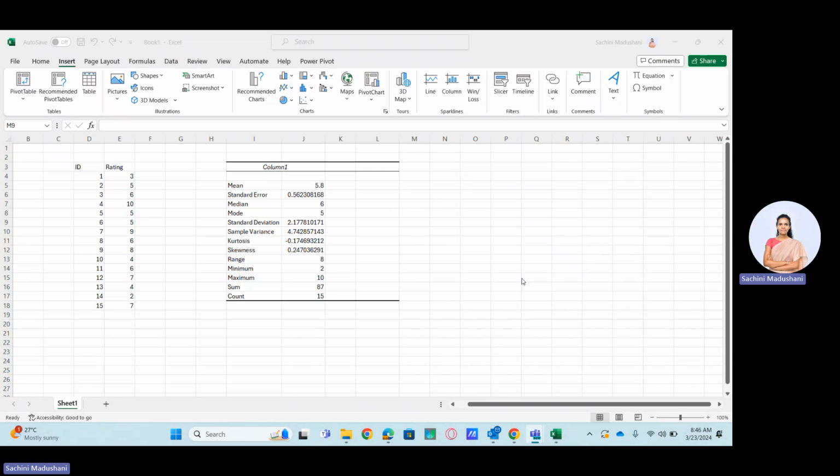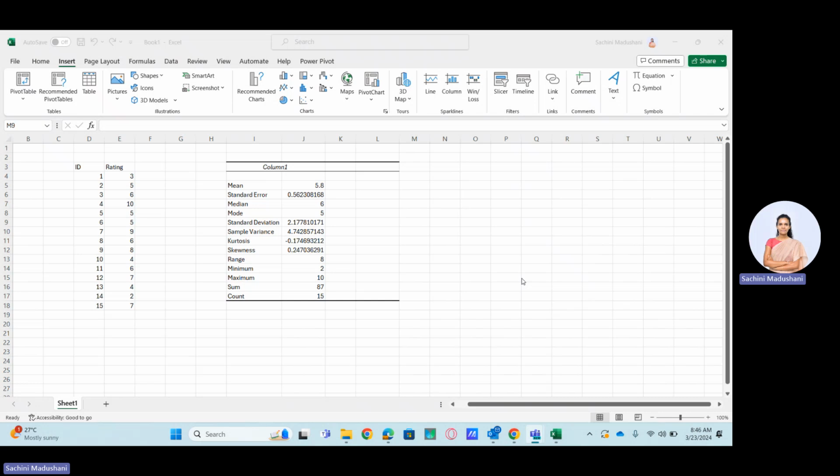Then we have mean, median, mode, those things. But which one is very appropriate to this data? Mean, median, or mode? Normally, in qualitative kinds of variables, we use the mode.